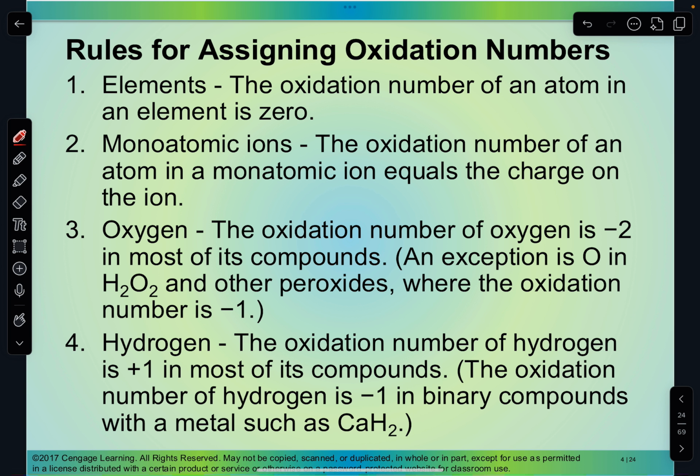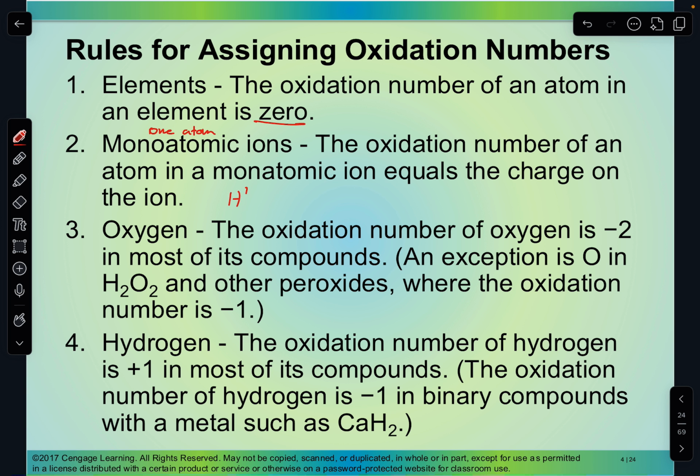So rule number 1, if you have an element, the oxidation number is going to be 0. If it's just by itself, so that is going to be any element that you pick on the periodic table, the oxidation number is 0, any of them. Monoatomic ion, so that means one atom, the oxidation number in a monoatomic ion is going to be equal to the charge.